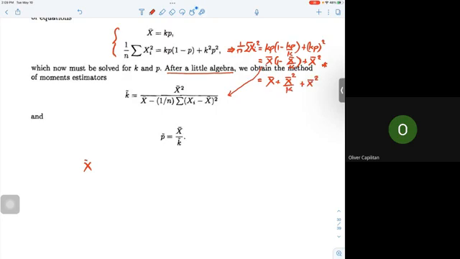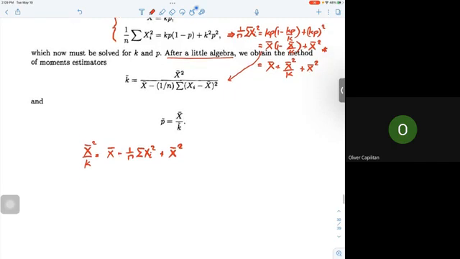So we have here over k, then we have x bar, and then minus 1 over n, the summation of xi quantity square, and then plus the square of x bar. Okay, so a little manipulation from that, and then we could obtain now the value of k tilde.